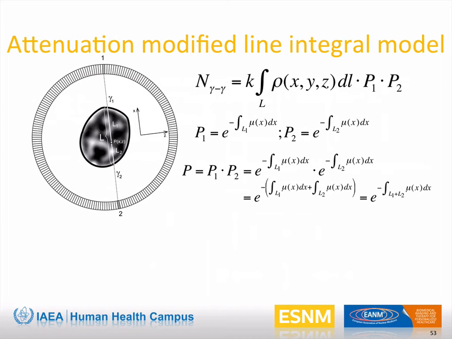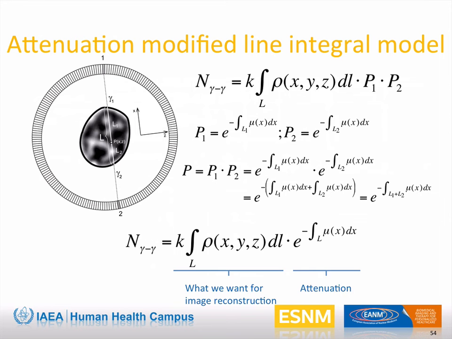After some simple calculation, one can note that the probability for a count to be detected does not depend on the position of the annihilation point along the line of response, but only on the line integral of the attenuation coefficient along the LOR itself. In this way, it is possible to factorize the line integral that should be used for image reconstruction and the attenuation contribution.